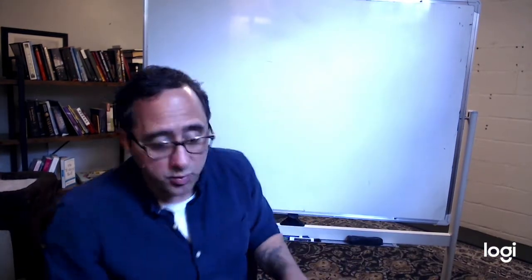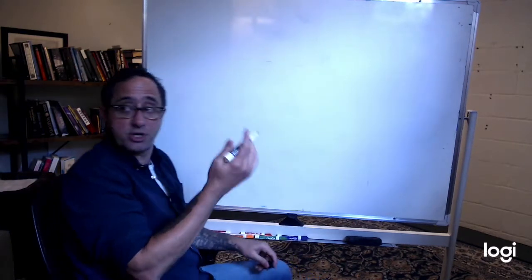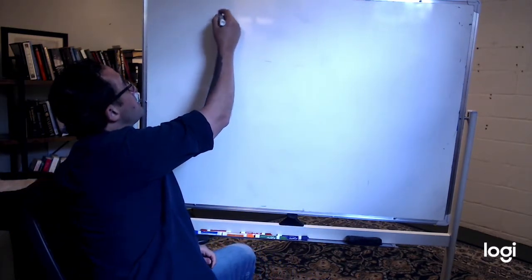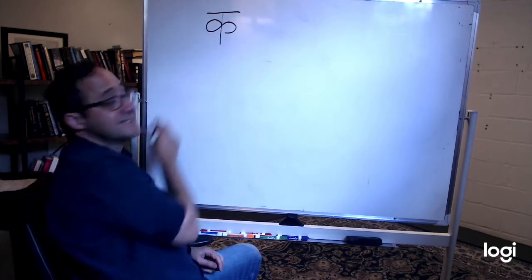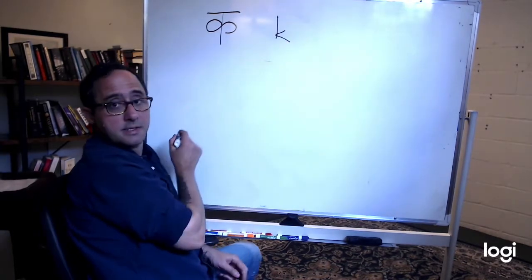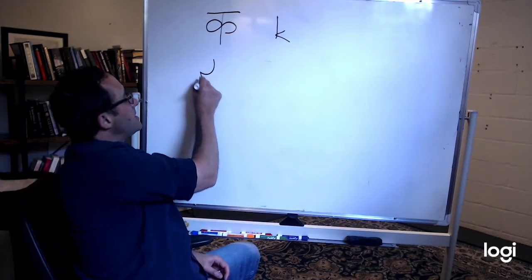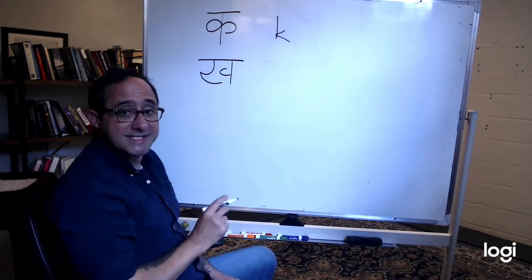So we start with one that you have already seen. I'm actually going to show you all of these first, okay? This is the ka. You've already seen this, right? This one is going to sound the same at first. It's a ka.